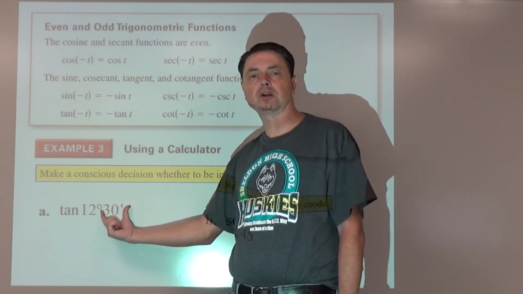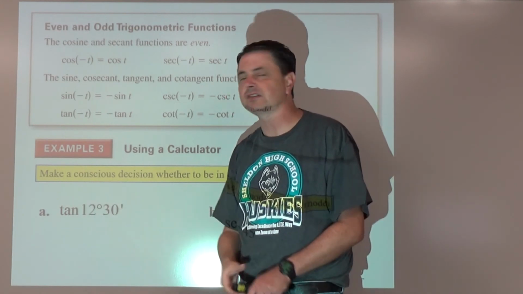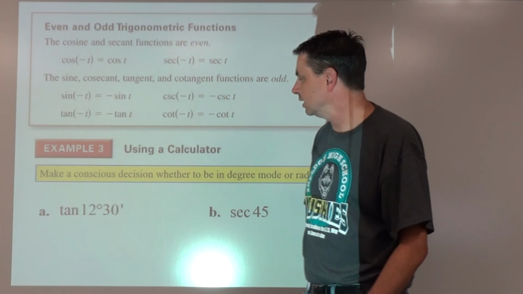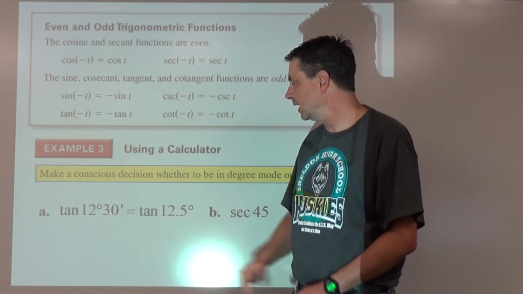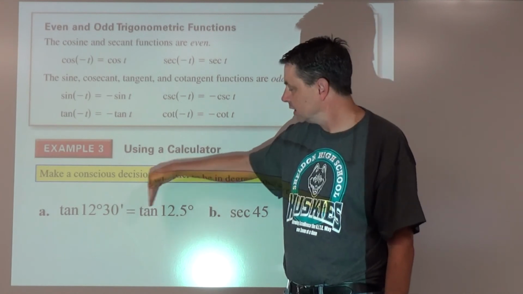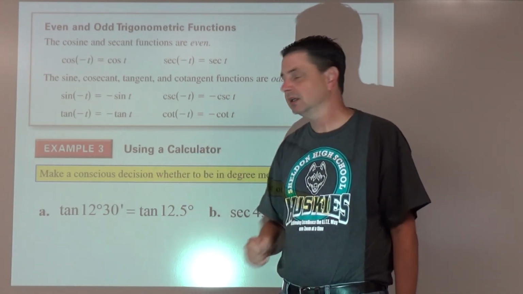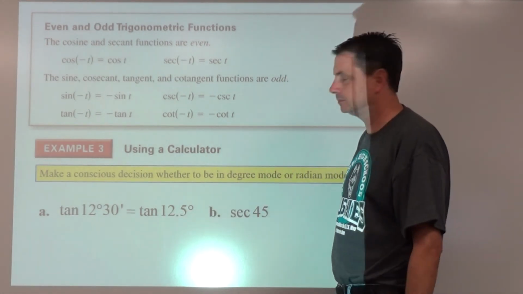So this is saying 30 out of 60. 30 out of 60 is a half, so if we didn't want to type this all in, you just think the equivalent is just 12.5 degrees. So go ahead and type in tangent 12.5, make sure you're in degree mode, hit equals, and round it off appropriately.